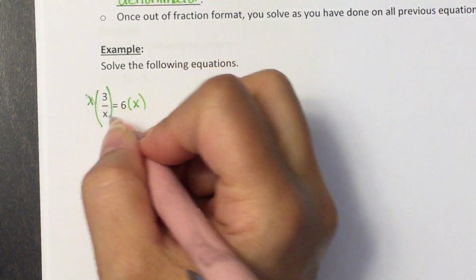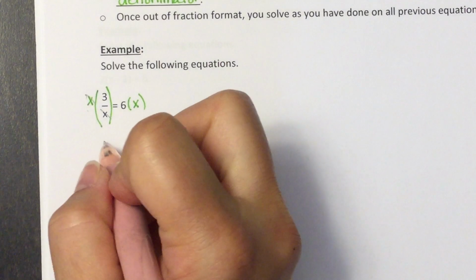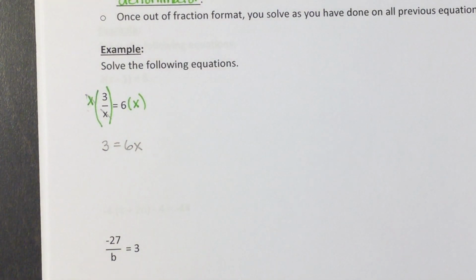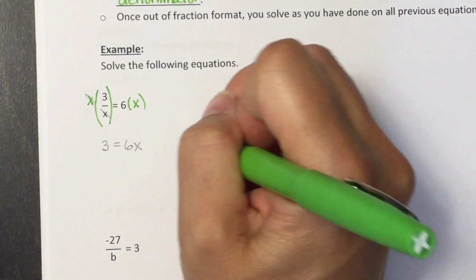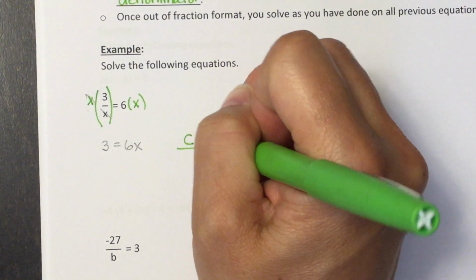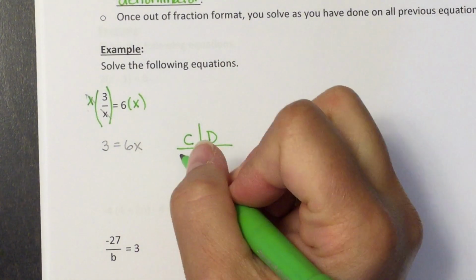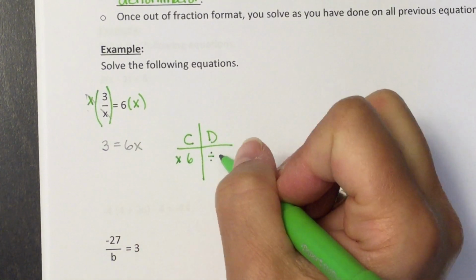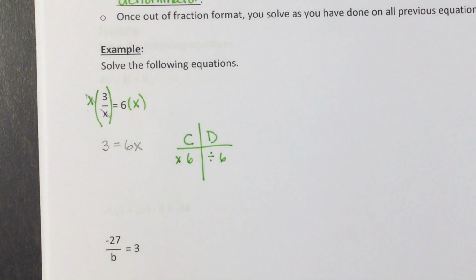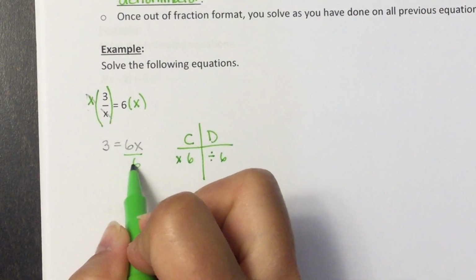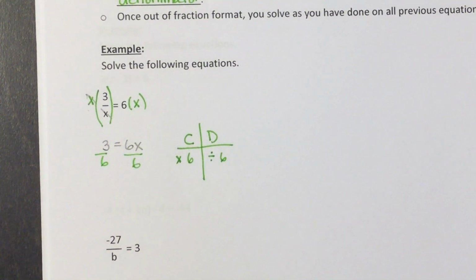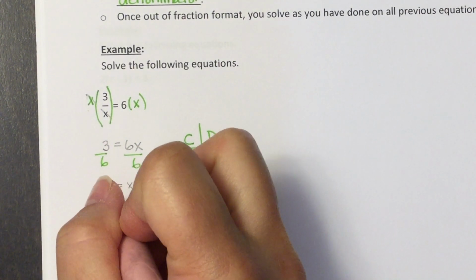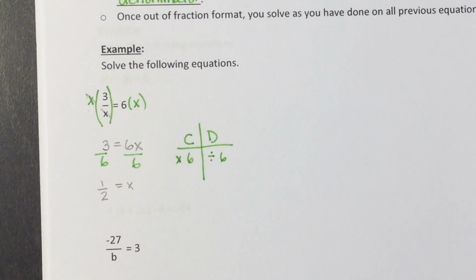Now x in the numerator, x in the denominator cancels out, so I have 3 equals 6x. Now I can go and solve my equation, right? How is it constructed? Well, I'm multiplying by 6, and so what am I going to have to do? I'm going to have to divide by 6. So I'm going to do that to both sides. So what do I get? I get x equals 1/2.